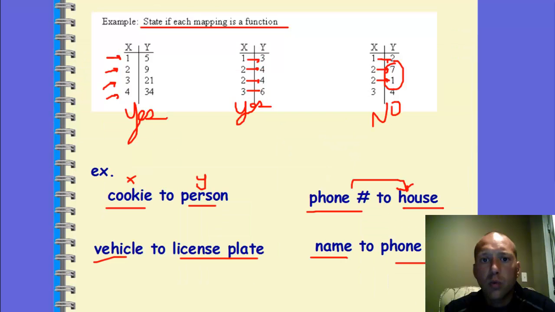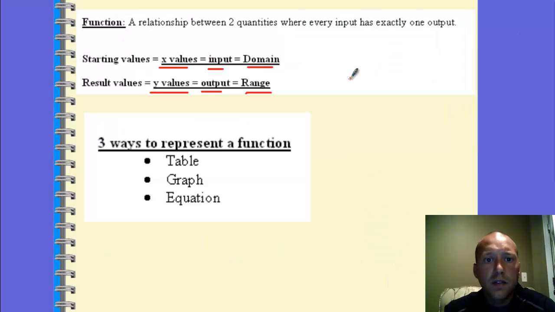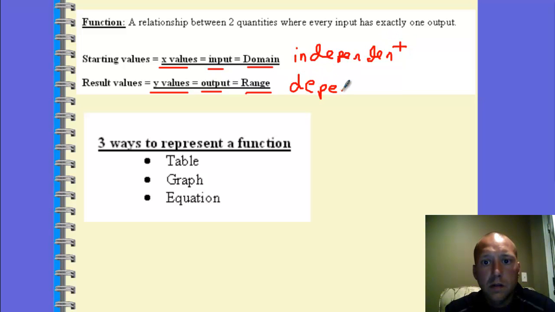And actually, let me go back. Let me add one more word back here. We have input, output. We should also add independent and dependent, because our y values are dependent on the x values.